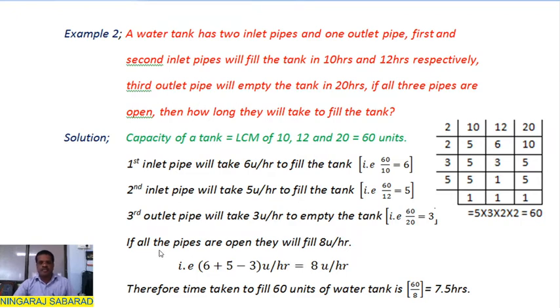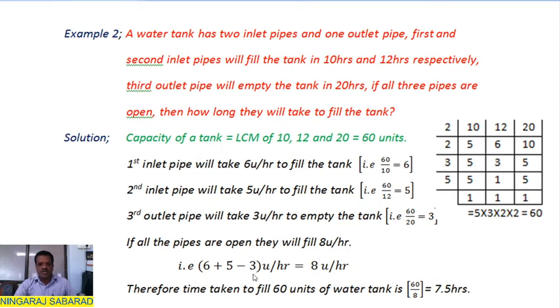If all pipes are open they will fill 8 units per hour. This is the rate of filling of the water tank if all 3 pipes are open at a time. How you get this 8 units per hour is as follows: 6 plus 5 minus 3.